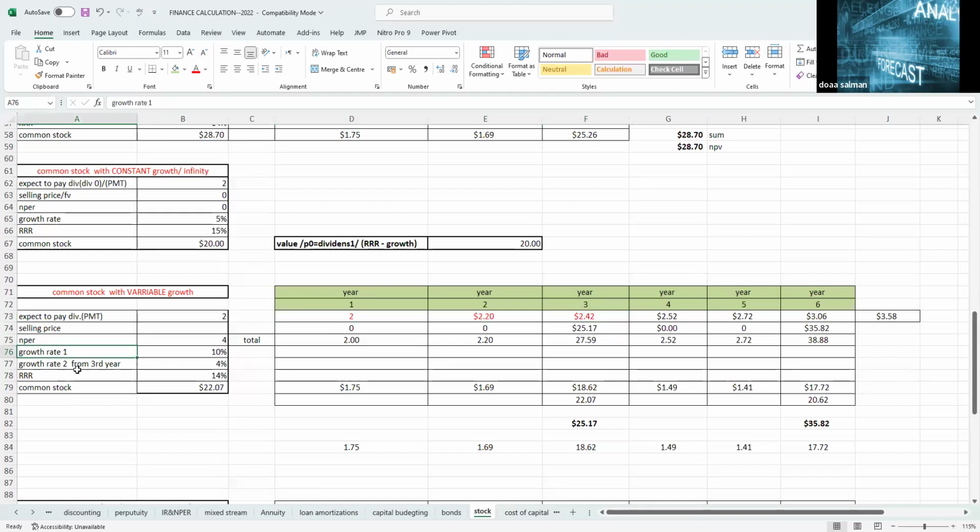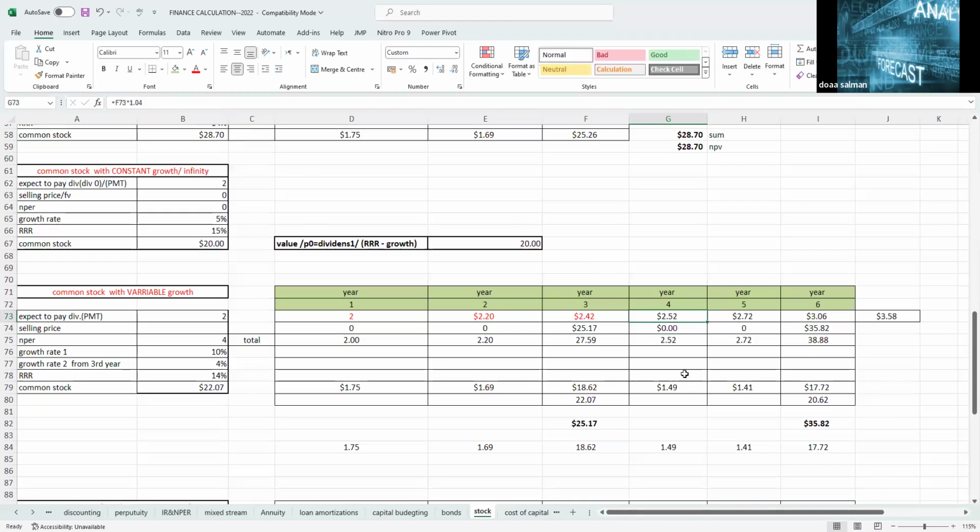From the third year, we are going to receive another growth rate, which is the lower growth rate. So here it will be 2.52. How did I get this? I can do it by 2.42 times 1.05. It will give me, 2 times 4%, not 5%, I did it wrong. 4% will give me the correct answer.